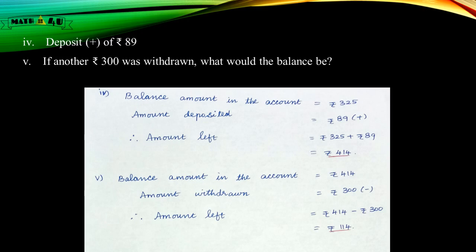Next, if another rupees 300 was withdrawn, what would be the balance? Balance amount in the account is equal to rupees 414. Again amount withdrawn rupees 300. Therefore amount left will be equal to rupees 414 minus rupees 300. That will give you rupees 114.